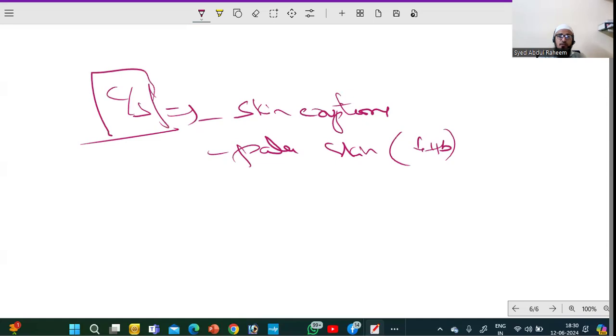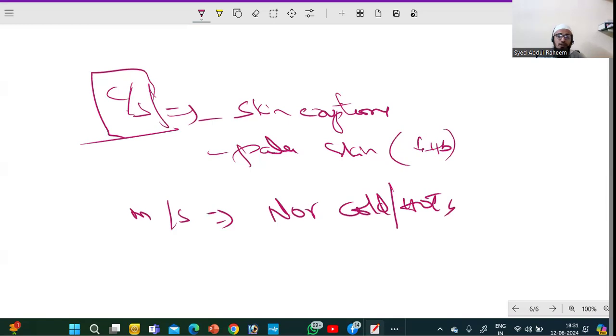Okay, this is very important. Next, you have muscular symptoms or features, like they are unable to bear the temperature, neither cold nor hot. Okay, so this is very important.